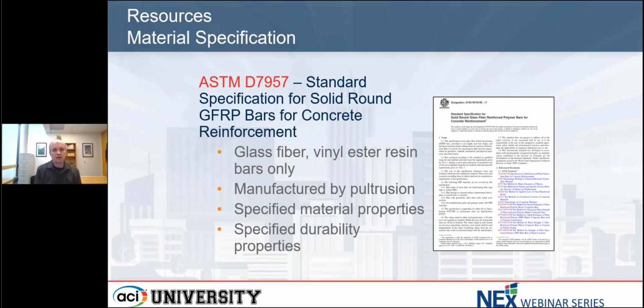And that's really where the state of the industry is right now. As long as you can meet this material spec, it's appropriate to use all the other ACI documents relative to reinforcing concrete with FRP. And these are bars of a sufficient quality to be used on construction project sites.